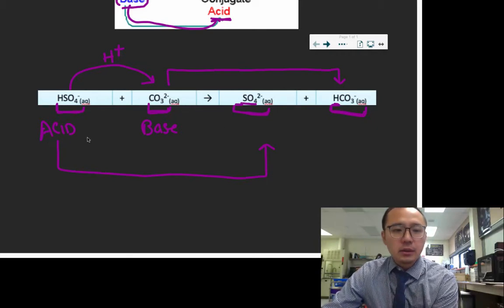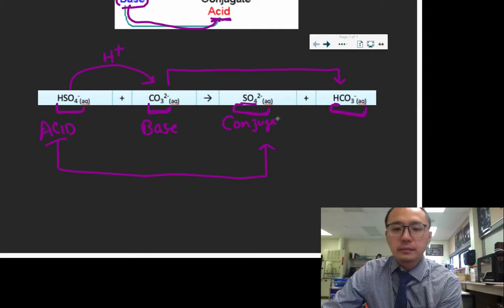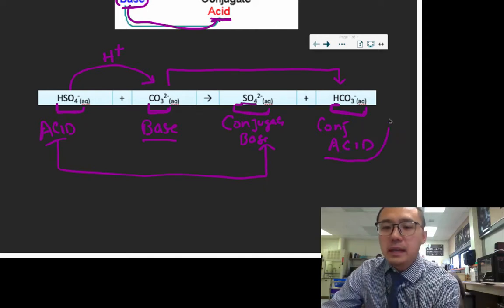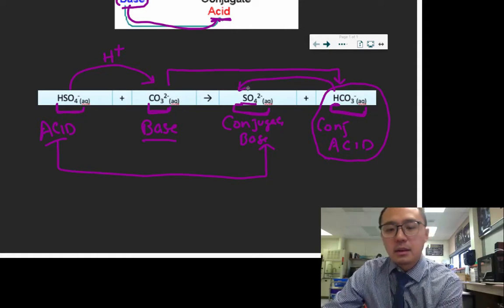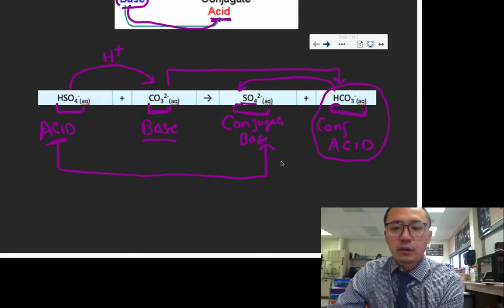So if this is your acid, this is going to be your conjugate base. And then this was your base, this must be your conjugate acid. So does that make sense? Will this HCO3 be able to donate to the other one? Yes. So if that is the case, then we got this right. So this is acid and conjugate base.